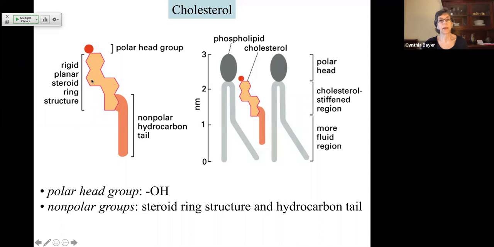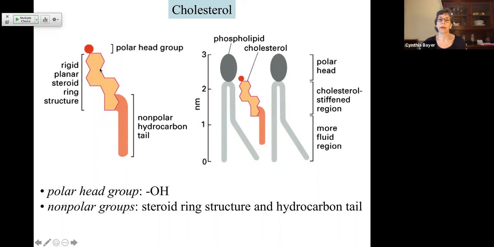compound, and all steroid-based compounds have this rigid planar structure that is actually 4 fused rings. This is all nonpolar, and a 6-carbon nonpolar hydrocarbon tail extends from one end of this steroid ring, and at the other end is a polar group, right, a hydroxyl group.